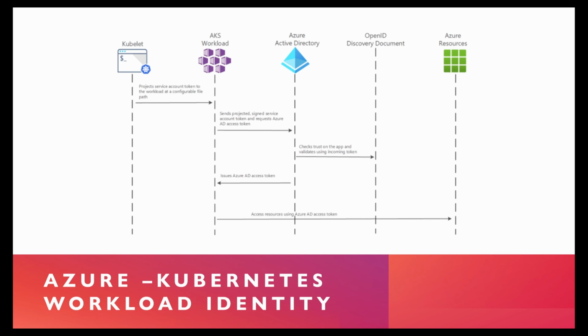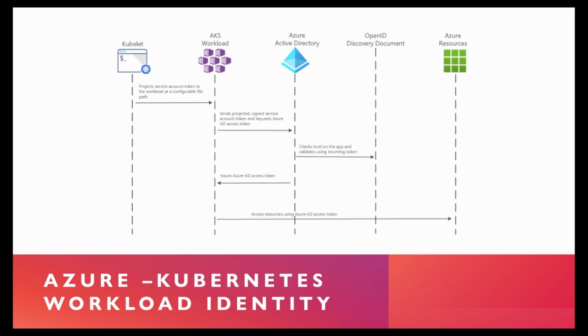Everything that I just explained goes through the managed identity that we set up in previous videos as well. And as you know, managed identities can have permission to one or multiple Azure services and give you that granular segregation of different permissions. As a reminder, for example, we can set up the managed identity to have access to an Azure Key Vault or maybe a storage account, Cosmos DB, SQL Server, and any resources that we need to.